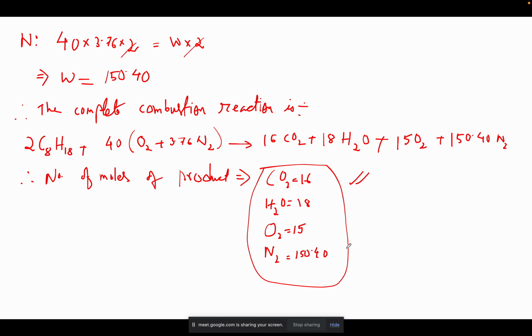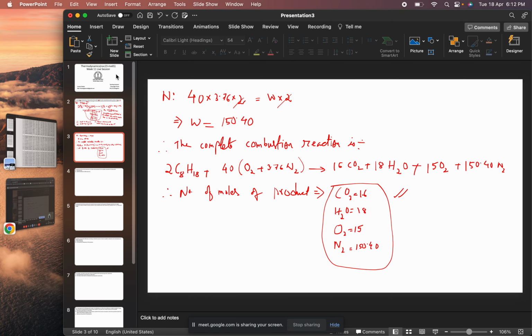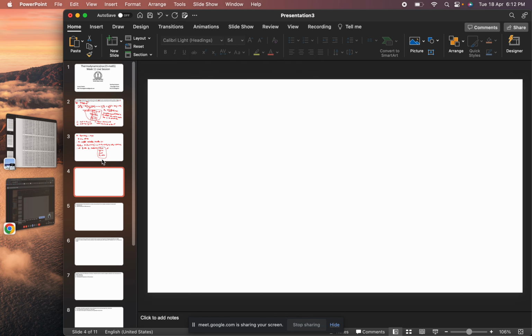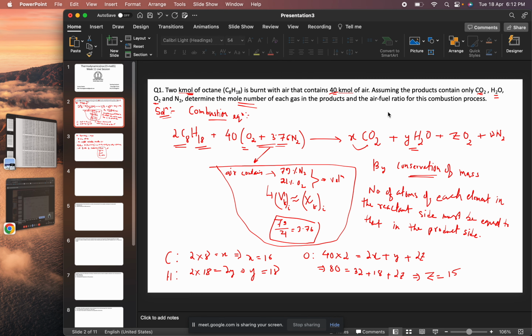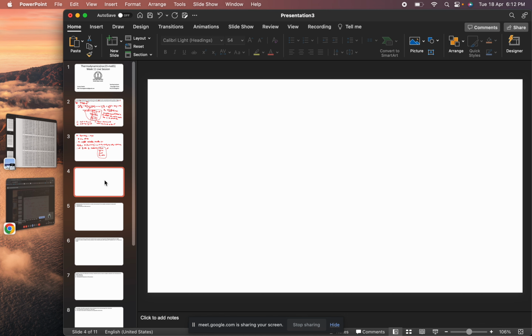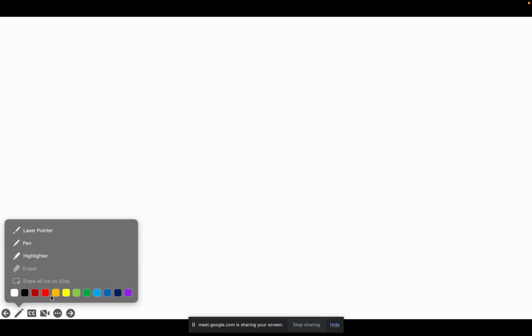Okay. Now next part is you have to determine the air fuel ratio for this combustion process. Now they are not telling us about anything like air fuel ratio based on the mass or air fuel ratio based on the molality. So we will basically do air fuel ratio based on mass.